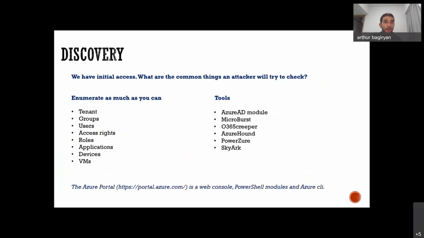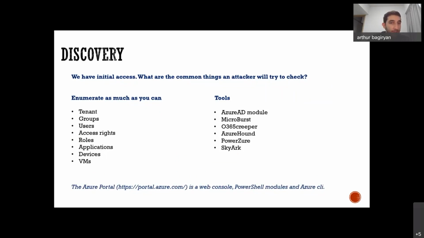So once an attacker gets access to the environment, right? For example, we covered that we managed to find the username and password. We managed to access Azure resources. What will we try to check? We will look into the tenant, groups, users, access rights, roles, applications, devices, and VMs.